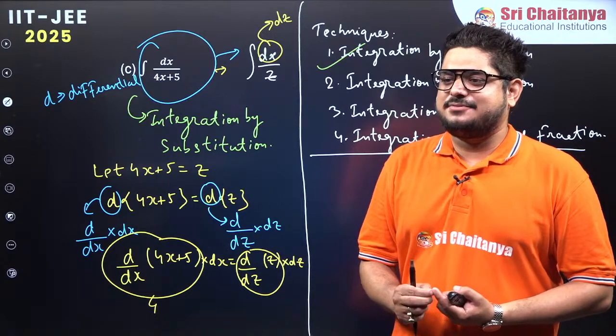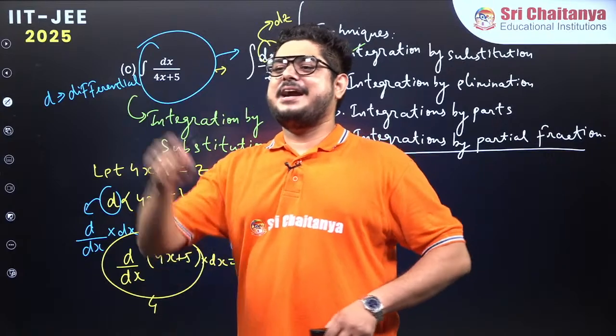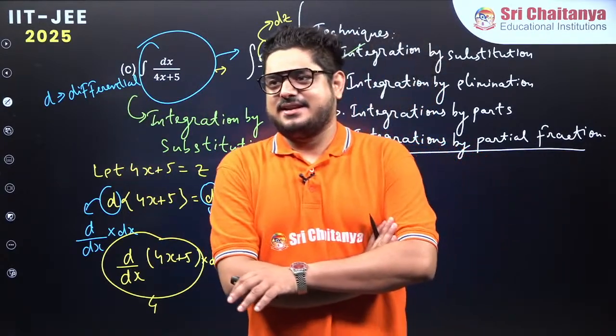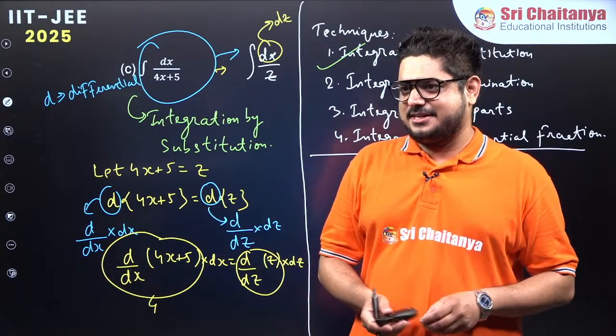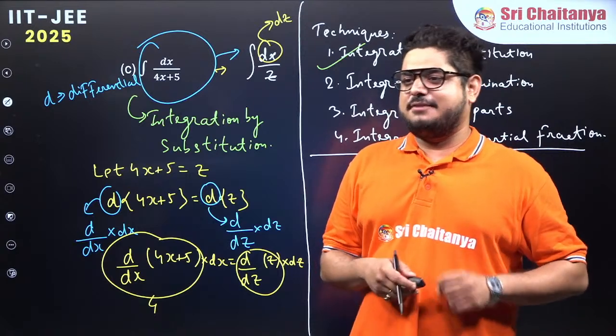What is d by dz of z, everyone? D by dz of z, I am asking. 1. Okay. Great going. Everyone has practiced differentiation, it seems, from R.D. Sharma or from the objective of the Sri Chaitanya module.